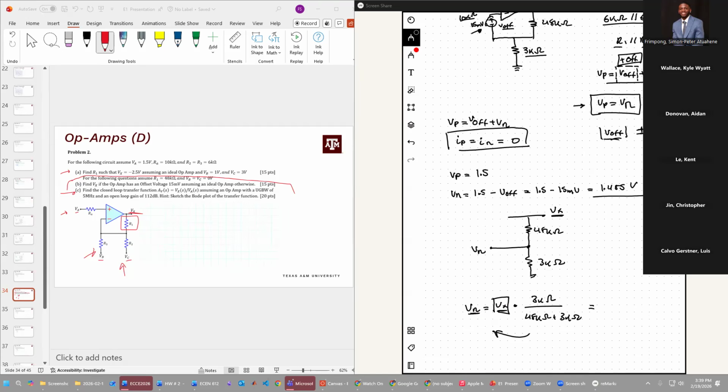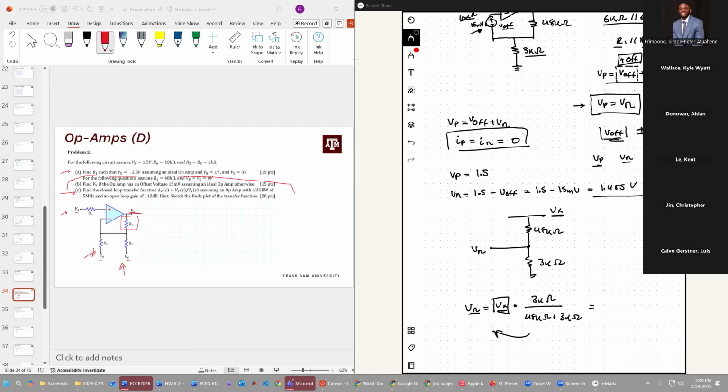So why did I make VP equal to 1.485? Oh, VN. Because there's an offset voltage, right? Meaning the positive and negative terminals are not exactly equal.